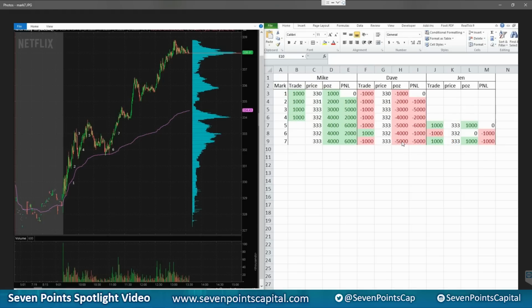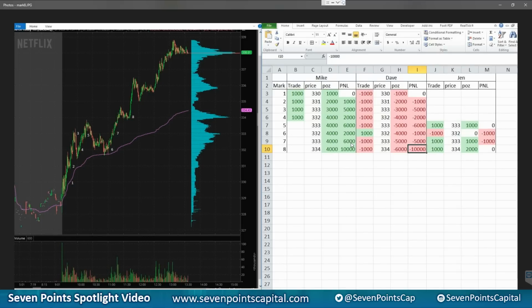So now he's short 5,000 shares again. And at that point, his P&L is down $5,000. At that price, Jen is long 1,000 shares, and she's still down $1,000 that she lost when she scalped before. And at 333, we can see that Mike is up 6 grand. Man, that kid's a good trader.